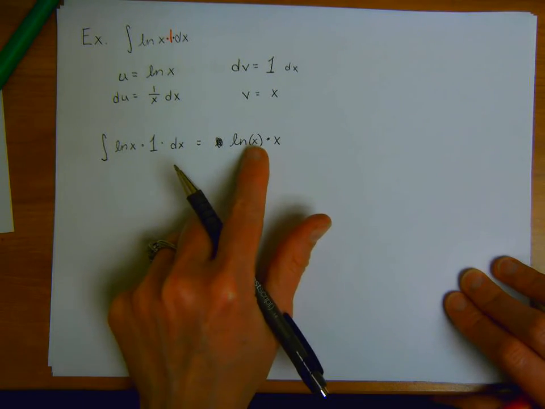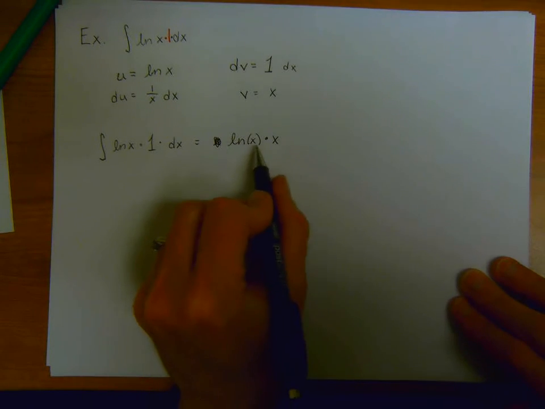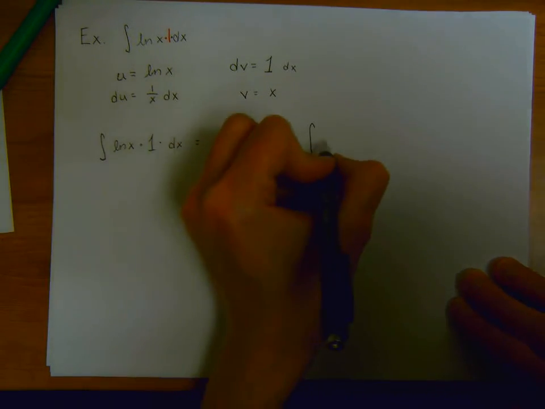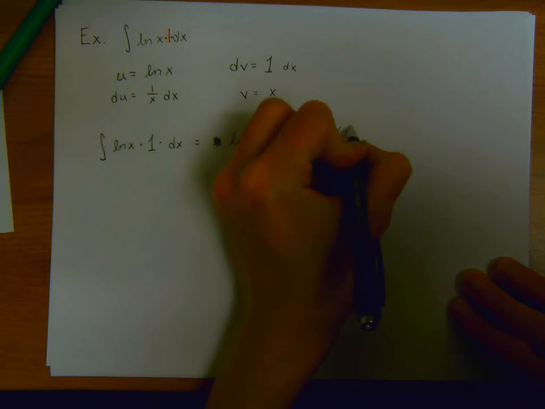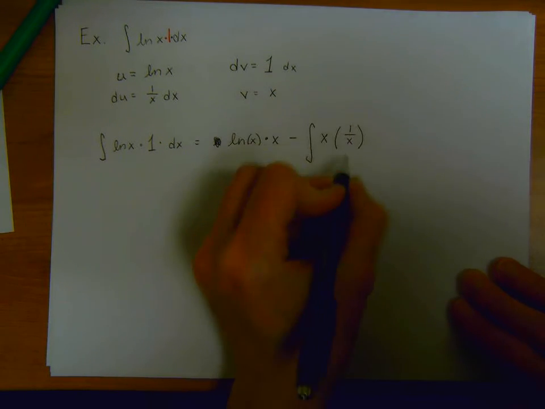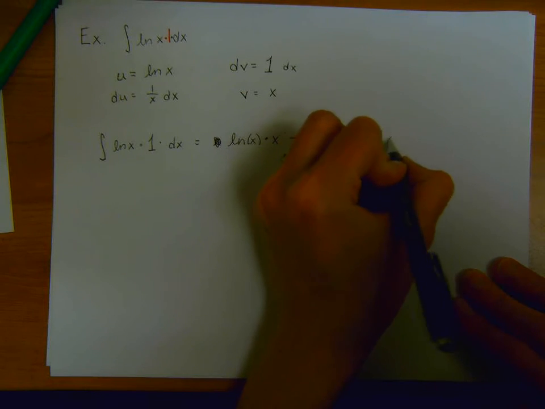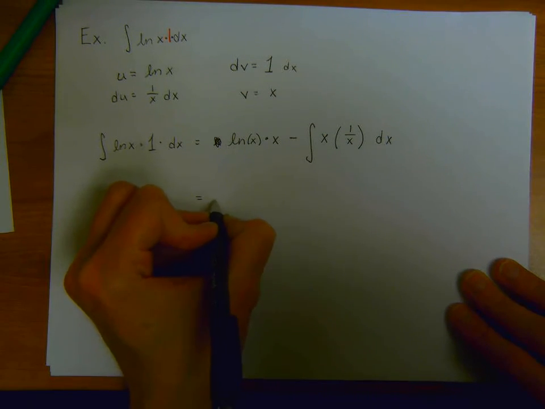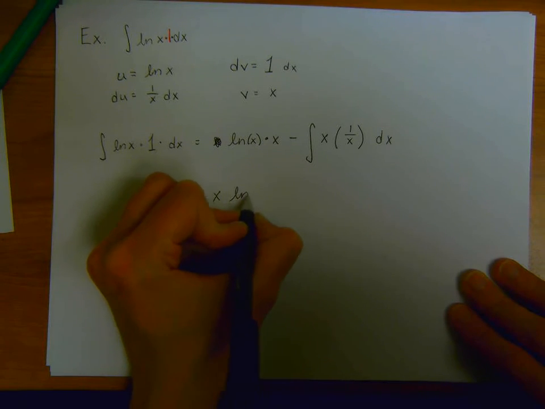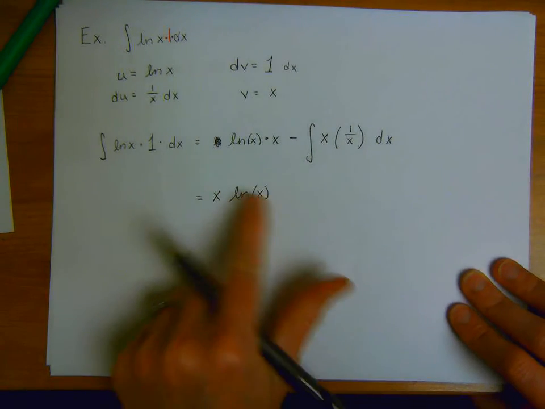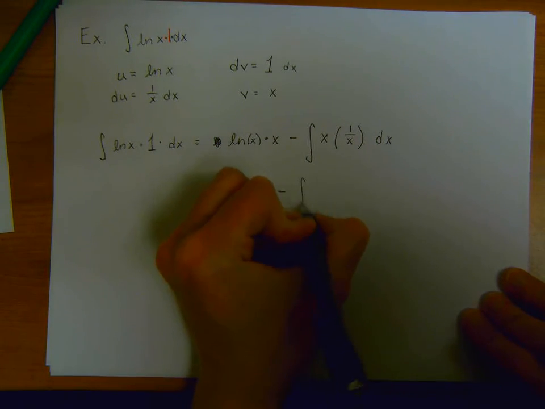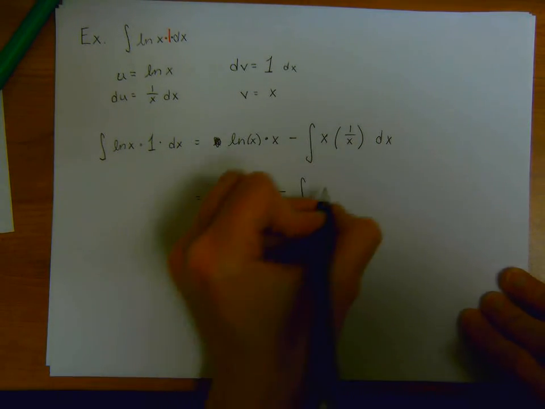This x is in this natural log function. Natural log of x times x minus the integral of v du, which, look at how cool this works out. The integral of v du is x times 1 over x, and we end up with, usually we write it in the order x times natural log of x. That way there isn't confusion that you think that the x should be squared. Minus the integral of x times 1 over x is just 1.